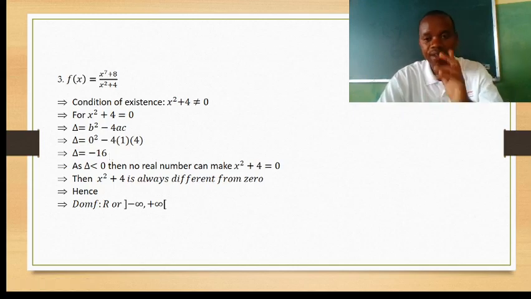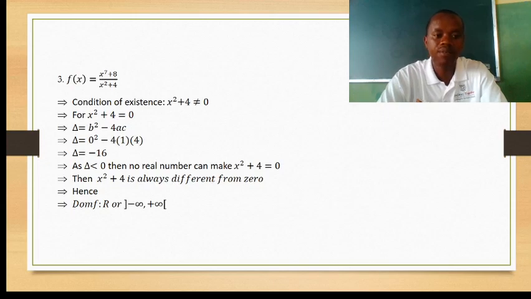And remember, when we were dealing with solving quadratic equations using the quadratic formula, which is the delta or determinant, we have seen that when the determinant is less than 0, or is a negative number, we say that there is no real root or no real solution.